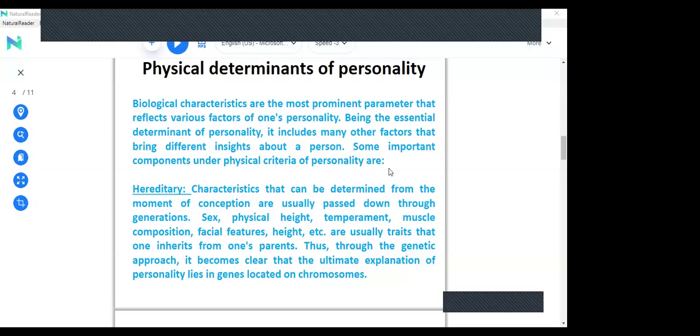Then earlier you got the point, like a kind heart, caring, empathy, and various concepts. But all these concepts are controlled through these physical determinant topics.